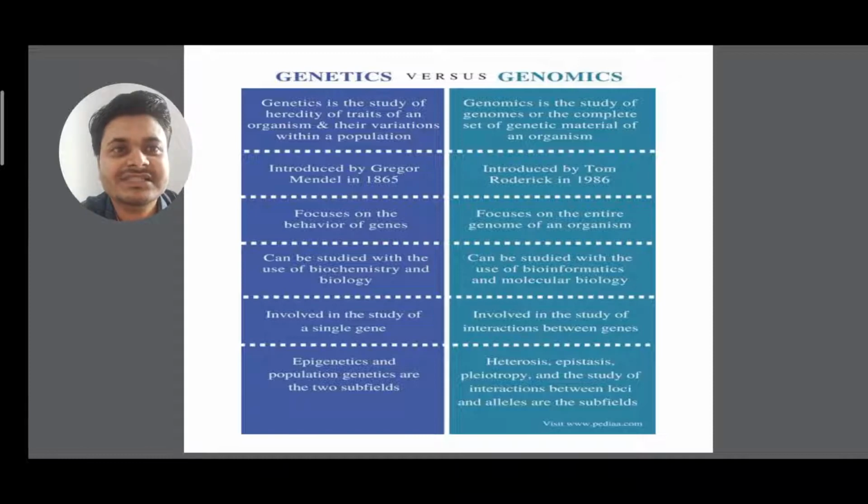Genetics involves the study of a single gene, whereas genomics involves the study of interactions between genes. Under genetics, epigenetics and population genetics are two subfields, whereas in genomics, heterosis, epistasis, pleiotropy, and the study of interaction between loci and alleles are the subfields.